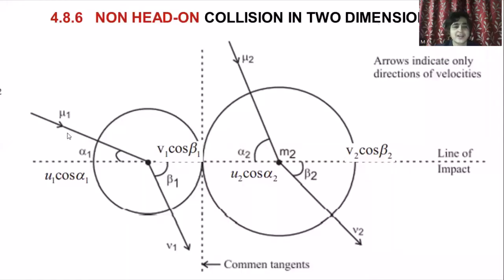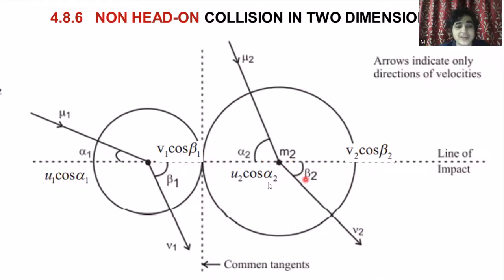See, u1 cos alpha 1 is along the x-axis, u1 sin alpha 1 is along the y-axis, v1 cos beta 1 along the x-axis, u2 cos alpha 2 along the x-axis, and v2 cos beta 2 along the x-axis.